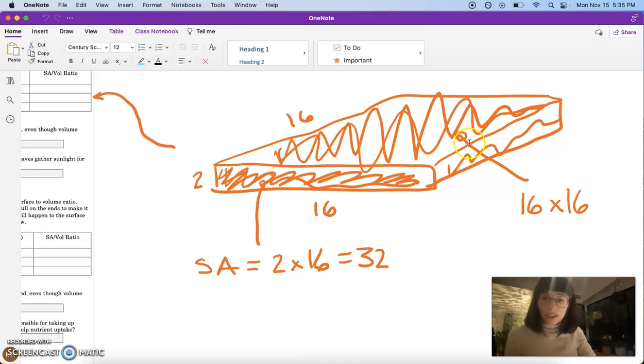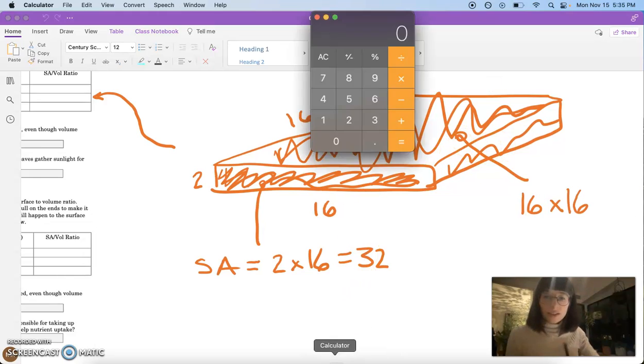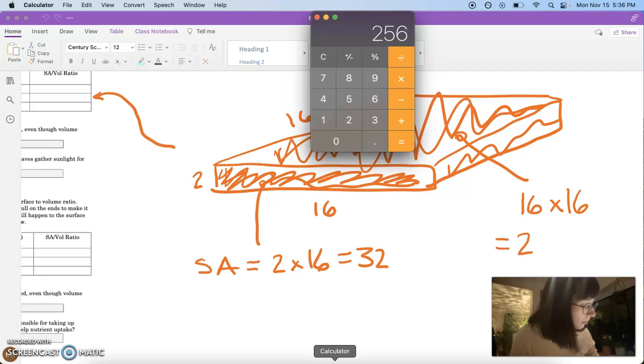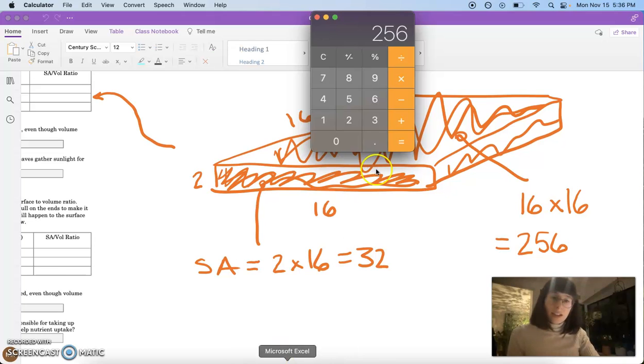Like I said, I have to get a calculator out because no one knows that off the top of their head. 16 times 16 is 256. And just like on this face, this top face has one on the bottom too. So this value is going to be doubled.